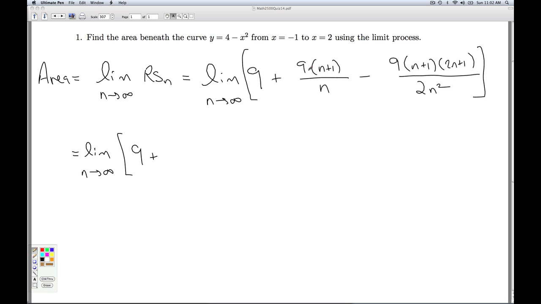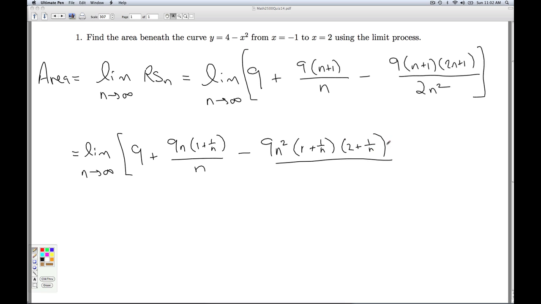But we factor out the highest power in the numerator, which would be an n. And if we factor an n out, remember it's the same as dividing by n for that quantity. I can factor an n out of the first quantity and an n out of the second quantity. So I have a 9n squared, 1 plus 1 over n, times 2 plus 1 over n, over 2n squared.